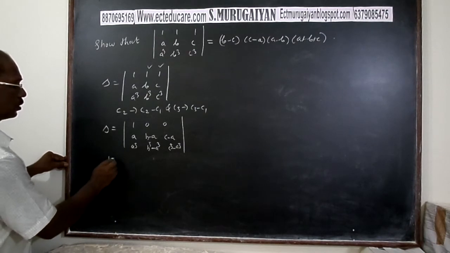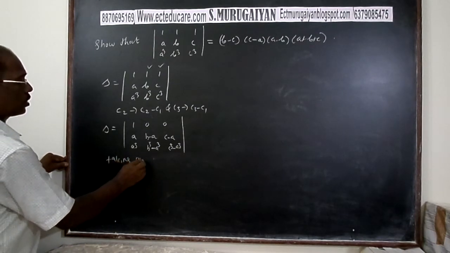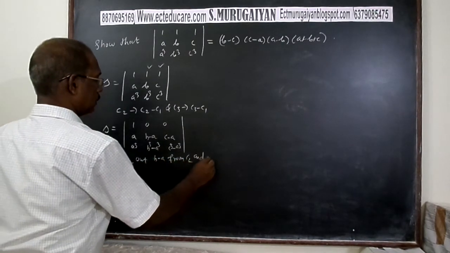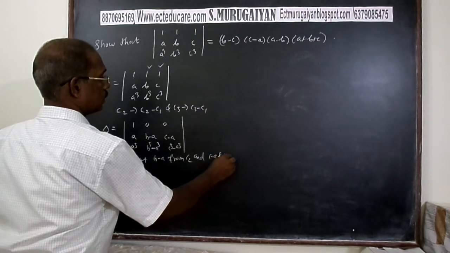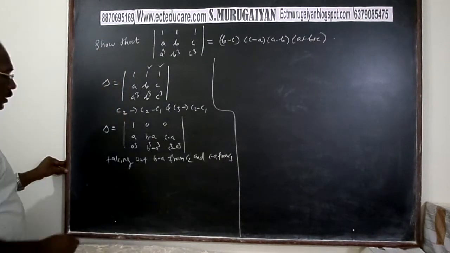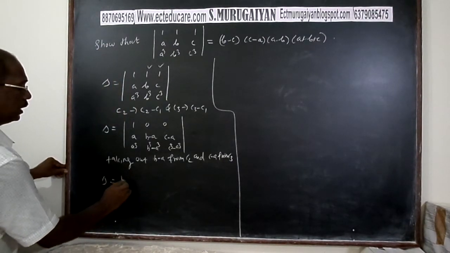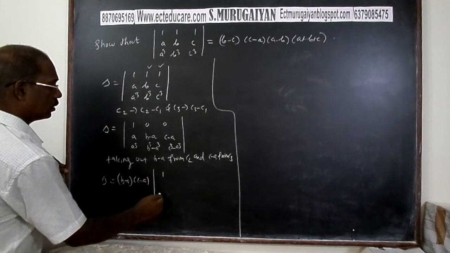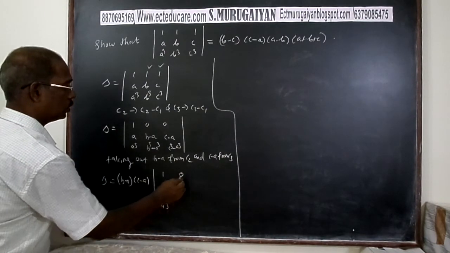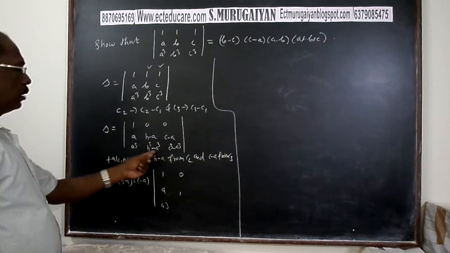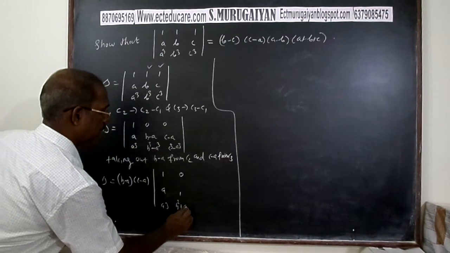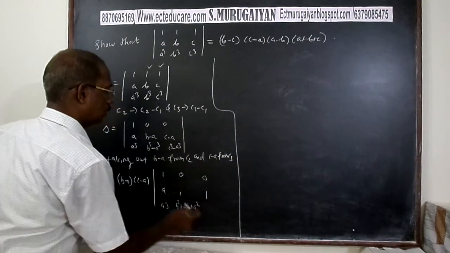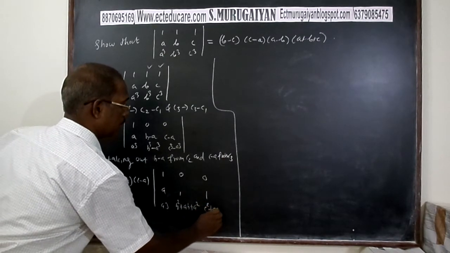Taking out B minus A from C2 and C minus A from C3, delta is B minus A, another common factor C minus A. Then 1, A, A cube; 0, 1, B square plus AB plus A square; then 0, 1, C square plus AC plus A square.